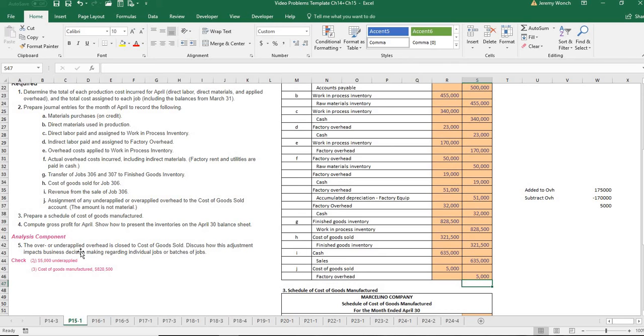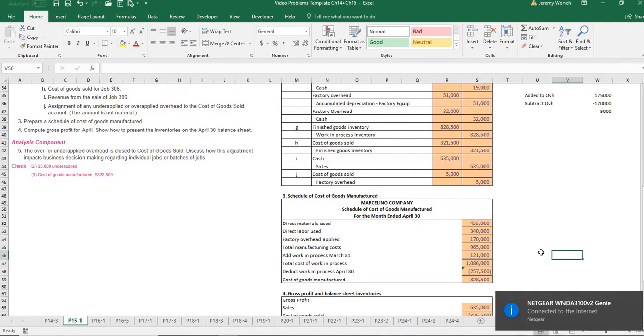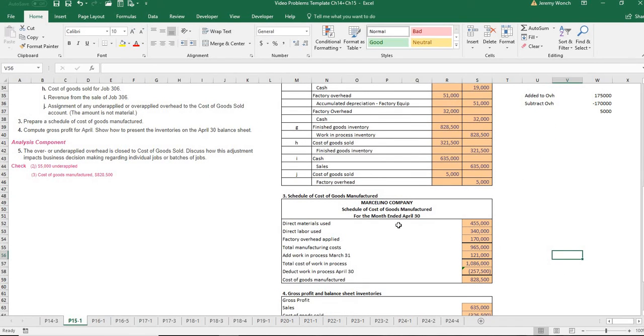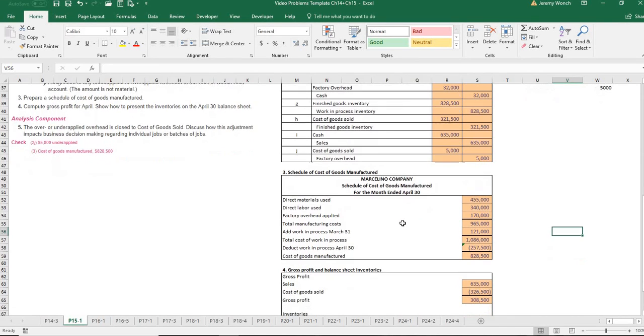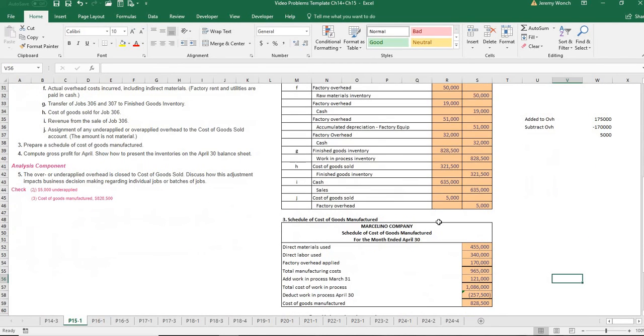And so part 3 wants us to prepare a schedule of cost of goods sold. So this one's going to be a little bit simpler than we did in problem 14. We've already done the work up here with our journal entries.